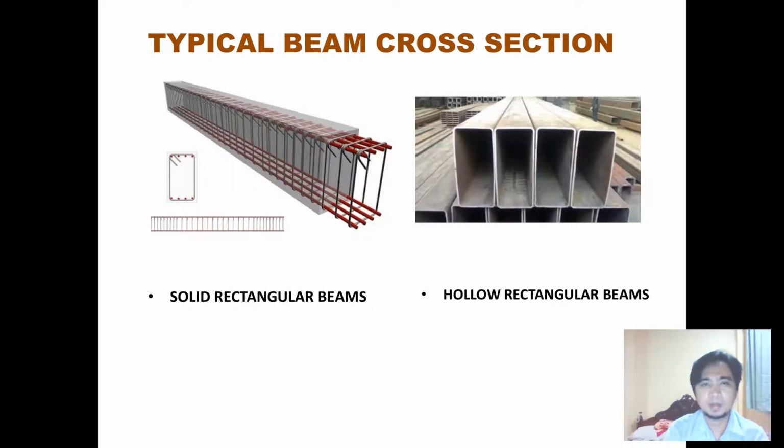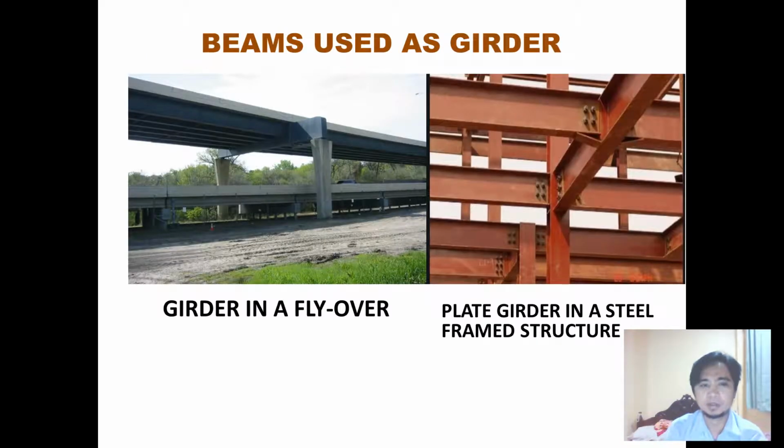So of course, we have the solid rectangular beam as a typical one, or we have hollow rectangular beams, or this is what we call the tubular beams. Okay, so beams also could be utilized as a girder. What is a girder? A girder is a larger beam that carries a series of beams just to break the length.